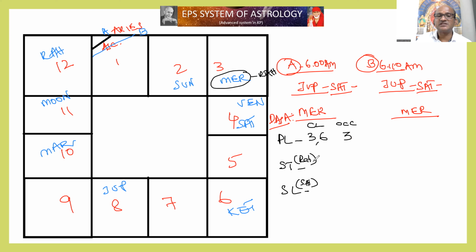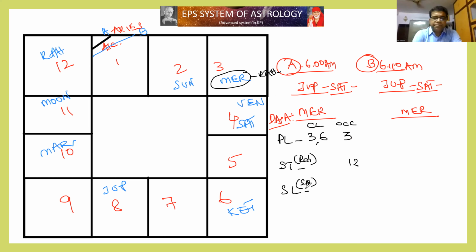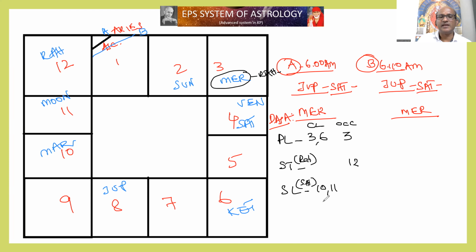Then what is the signification of Rahu? Rahu is posted in the 12th house, with no cuspal lordship. Here we have to see only the occupying house, right? Rahu is occupying the 12th. Then sublord. What is the sublord? Saturn. What is the signification of Saturn? Saturn is cuspal lord of 10 and 11, posted in the 4th house.